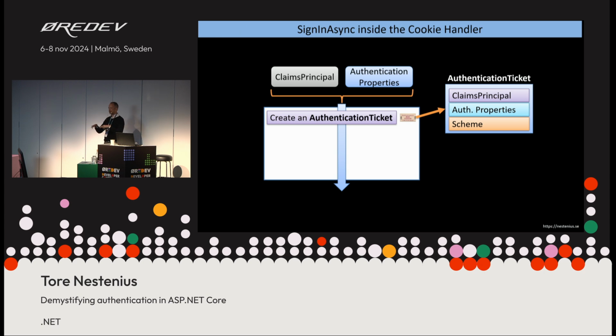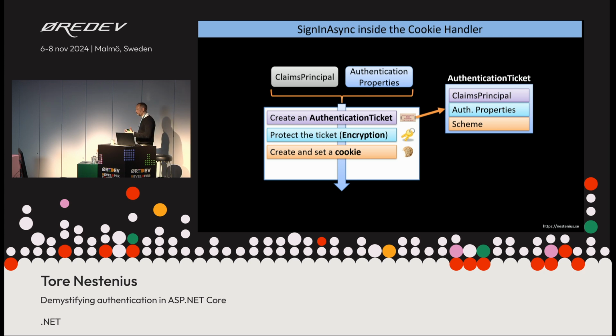So that is packaged up in a ticket. Then that ticket object is encrypted to ensure that it's safe. And then that encrypted ticket is placed in the cookie in the browser. And optionally, we do a redirect, as one of you said. That is what happens in our cookie handler. Not much, but still, very simple.